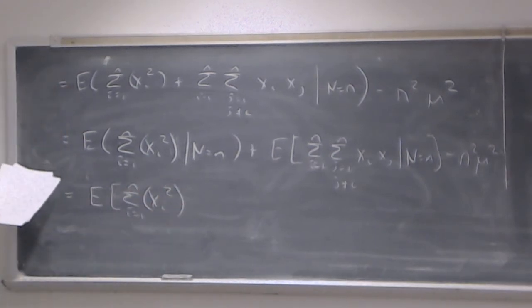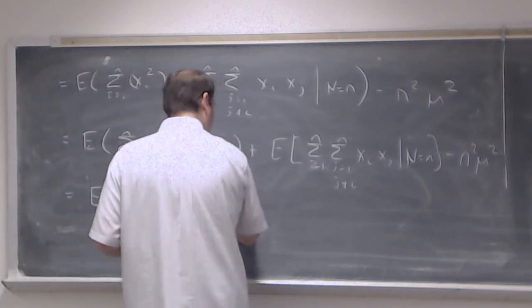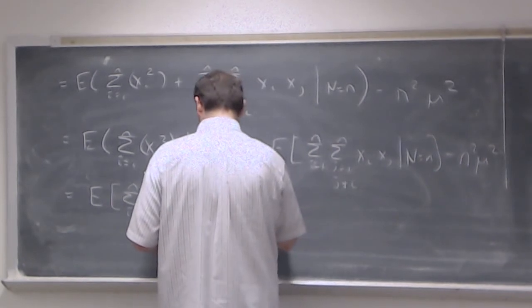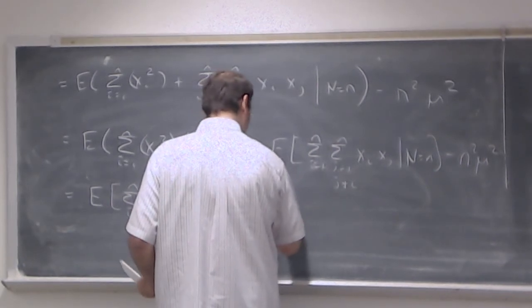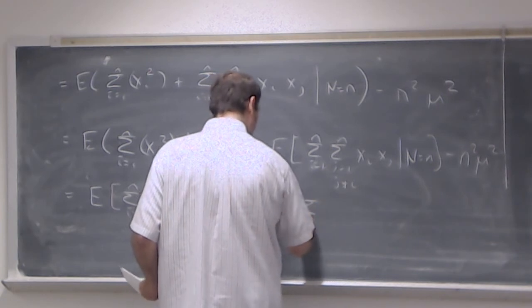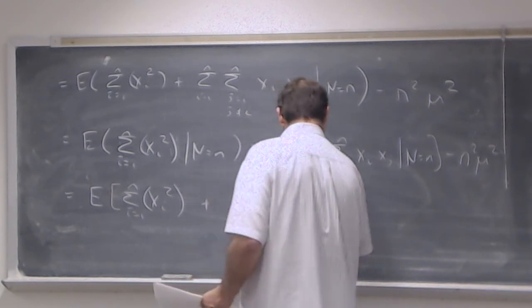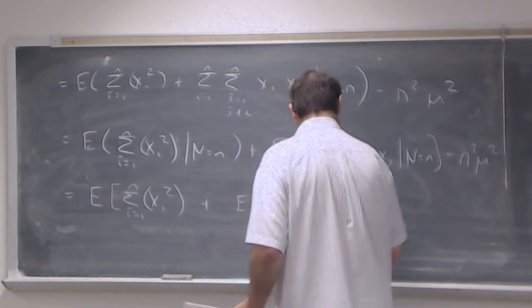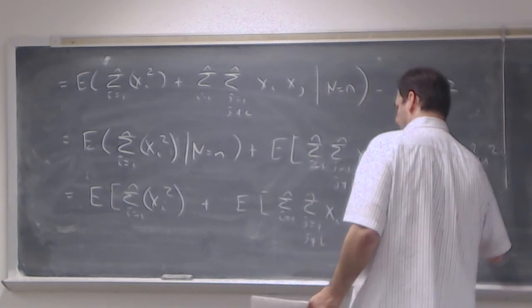That's what that is. Plus, here we have, due to independence again, the expected value of this double sum, with j being different than i, minus n squared mu squared.